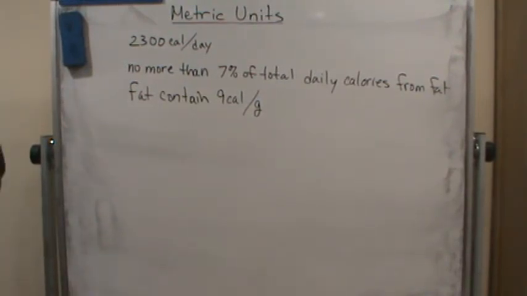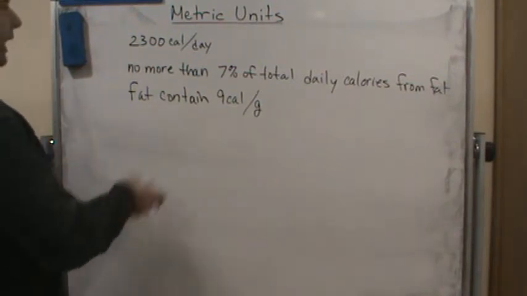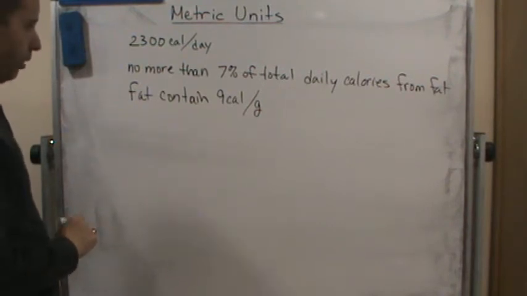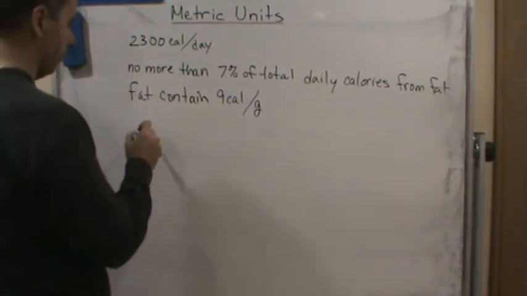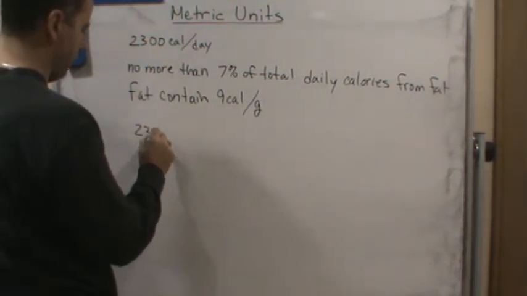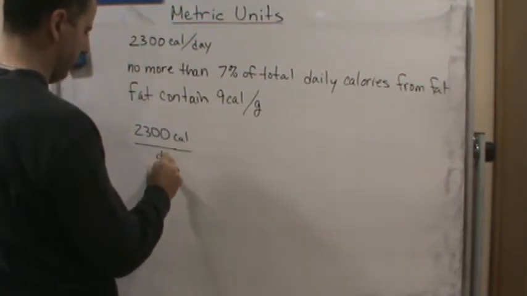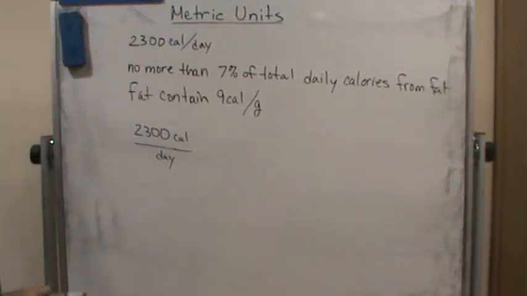We want to know the maximum number of grams of fat that she can take in every day. Well, this is the amount of calories per day that she's eating, and we want to make sure that no more than 7% of that amount is coming from fat.